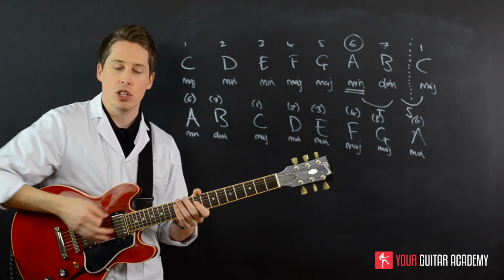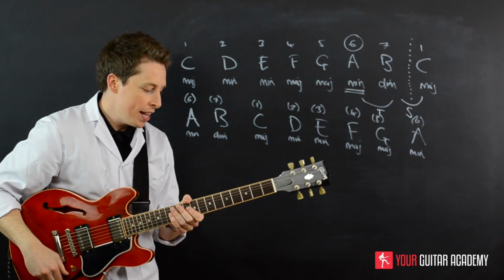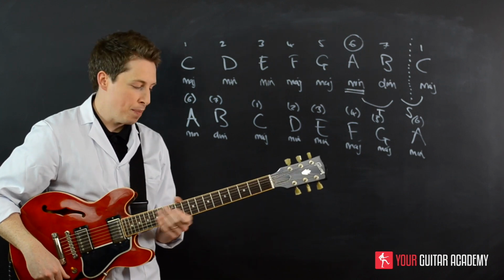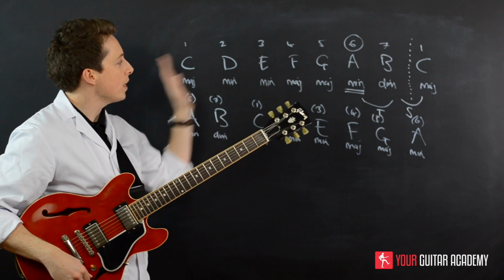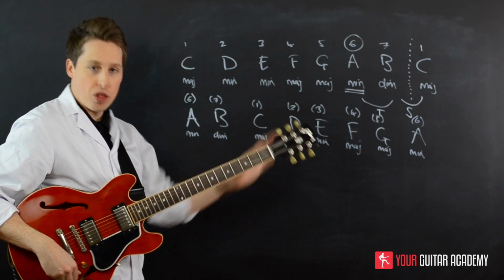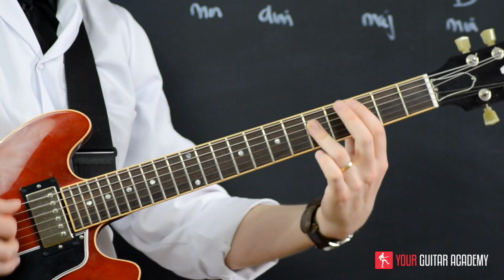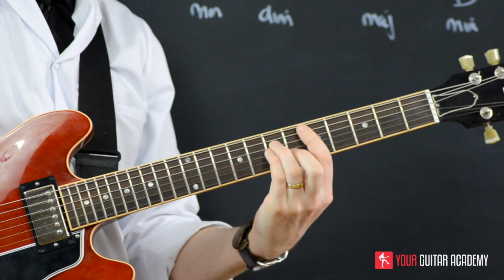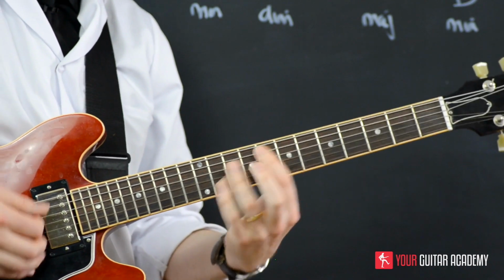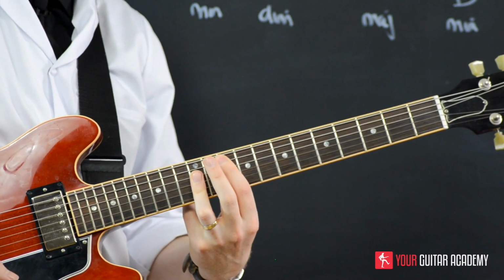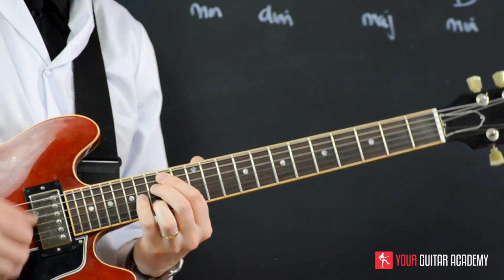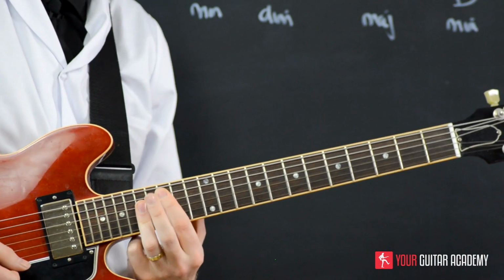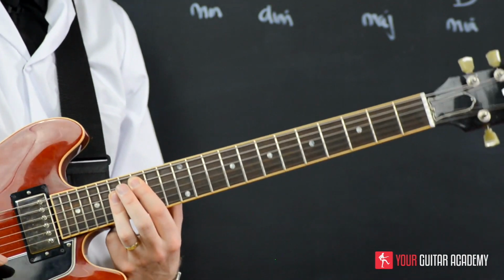Let's try and make it practical by doing it on the guitar. So let's take, for example, the chords of the C major. All of these chords, we're now going to put them on the guitar. So we're going to go C, D minor, E minor, F, G, A minor, B diminished, which is fiddly, and then C major. All in bar chords.